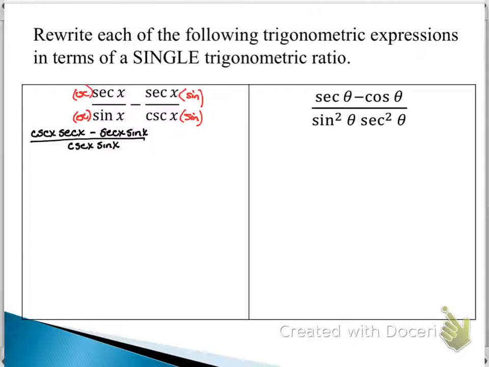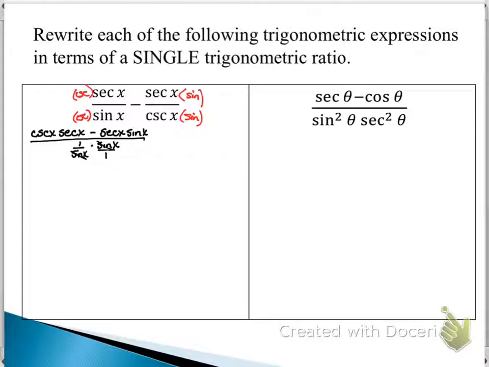Now, if I change this to an identity of 1 over sine x, I'm just going to do it right here because of space. So I would put 1 over sine x. Then these would cancel, and anything over 1 is just 1.